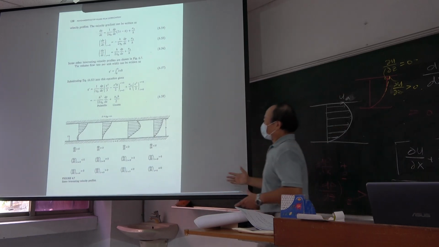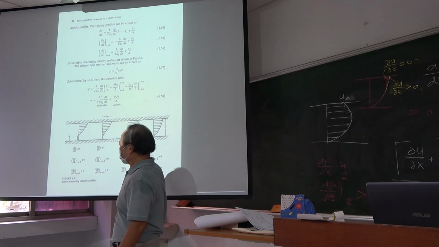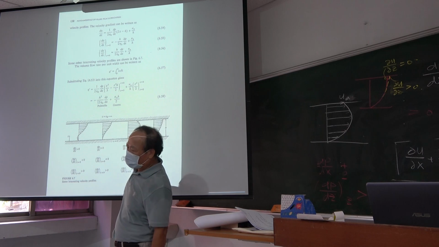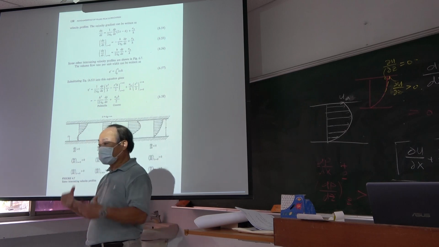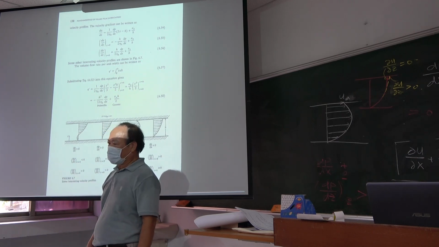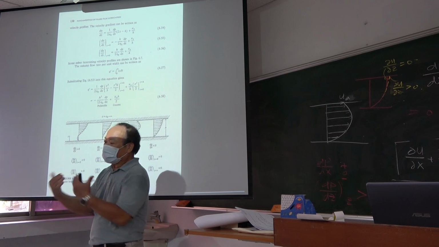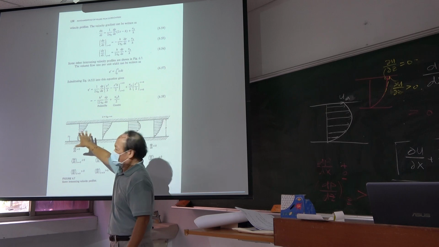So this is the velocity profile. One of the four profiles may exist in our lubrication case. It depends on your bearing design and your operating condition. Your operating condition and your bearing design will decide your profile.